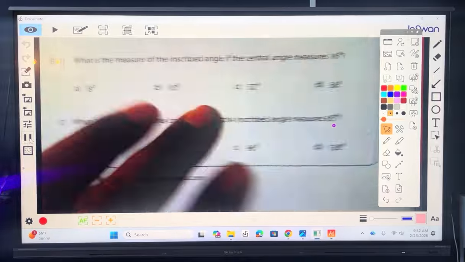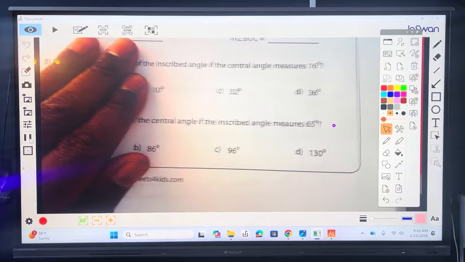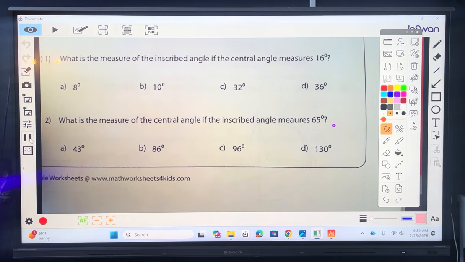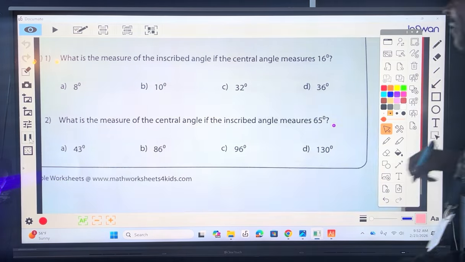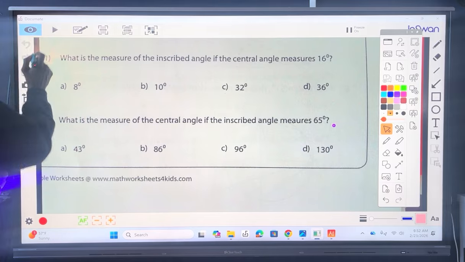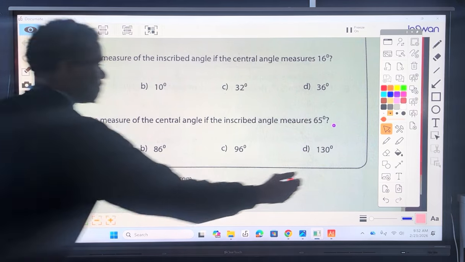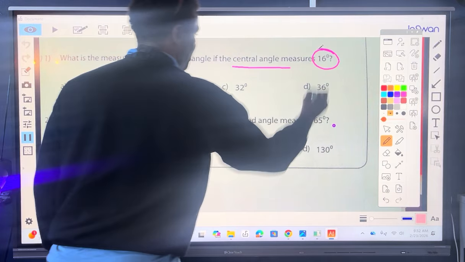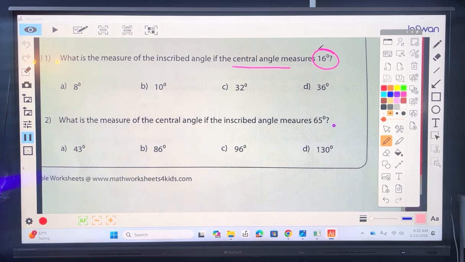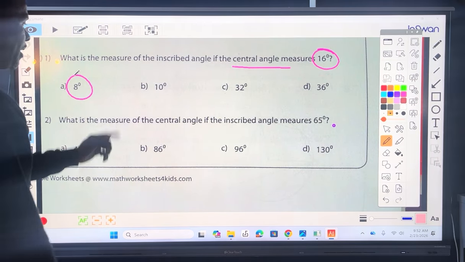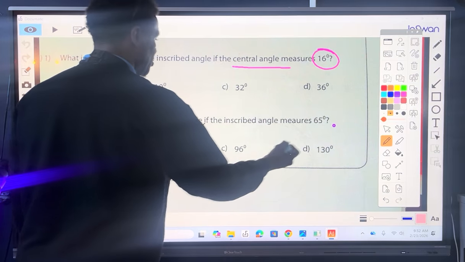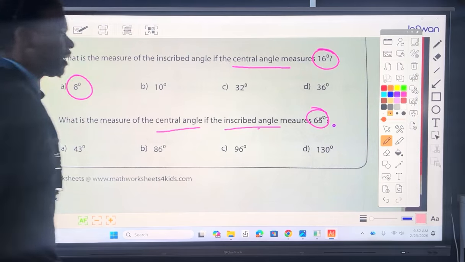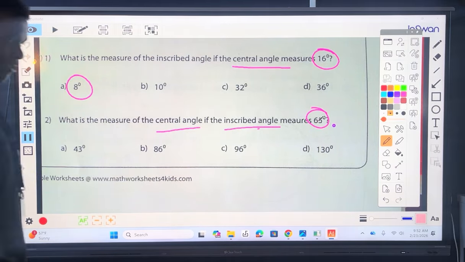The central angle is 16, so the inscribed gotta be what? 8. Let's go. This time they want to know the central angle. If the inscribed is 65, 130. Nice. Way to go.